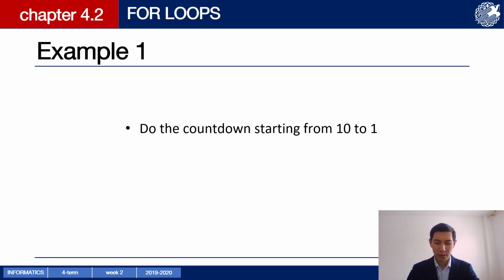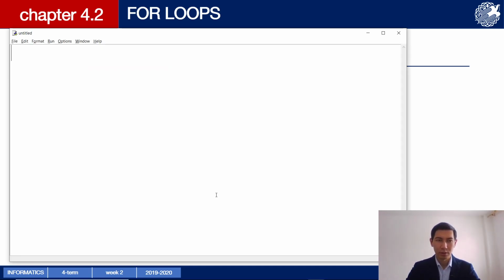In order to do that, we open our Python and write for i in range. Basically here we are starting from 10. The first number is the initial point. The second is where we want to finish. So we are trying to finish at 1.